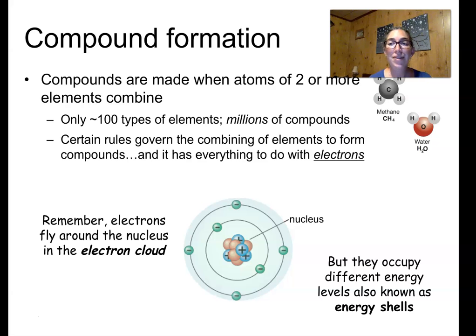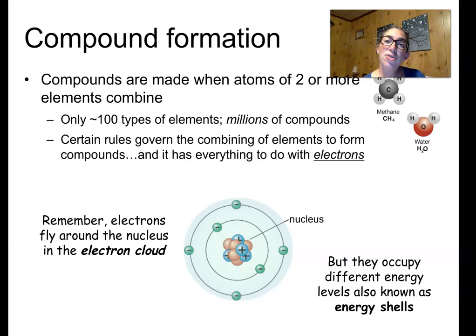So although there's a relatively few number of elements, there's a really vast number of compounds. So a lot of chemistry, and especially biochemistry, which is what we're gearing towards in this course, is about compounds, not elements.